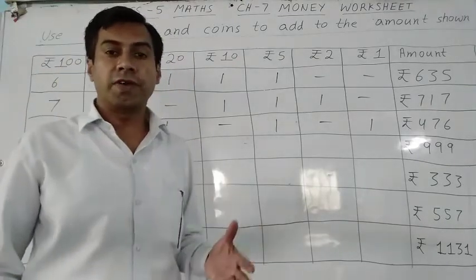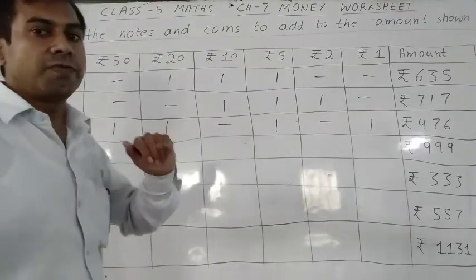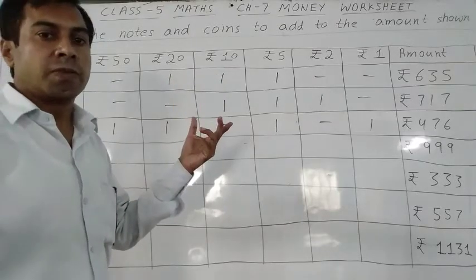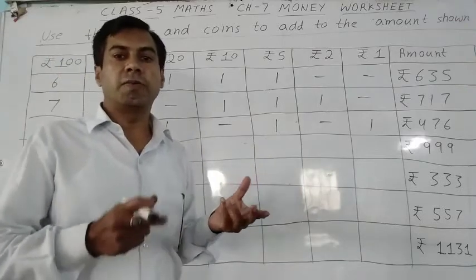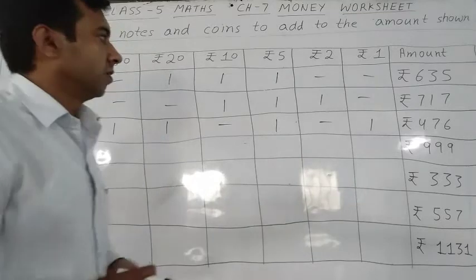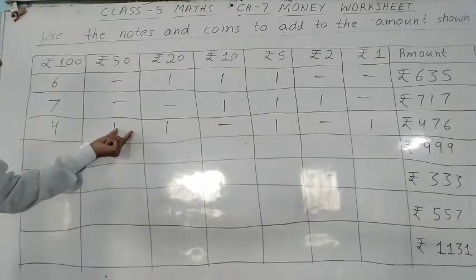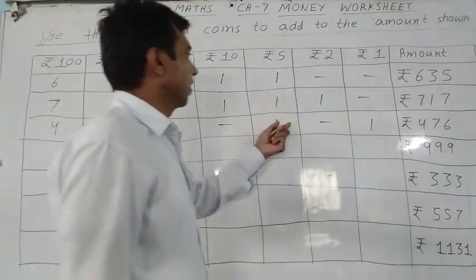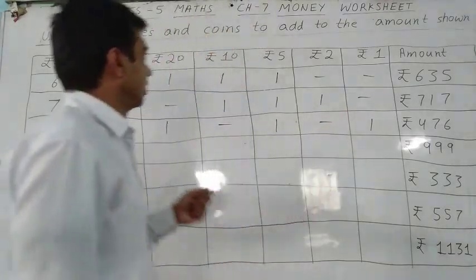Student, I have explained in the first amount only that we can use smaller amounts also. But if we have a bigger amount, we should take the bigger amount first. Clear? To make a given amount. So 400, see here, 1 50 rupees note, 1 20 rupees note, 1 5 rupee coin, 1 rupee coin.